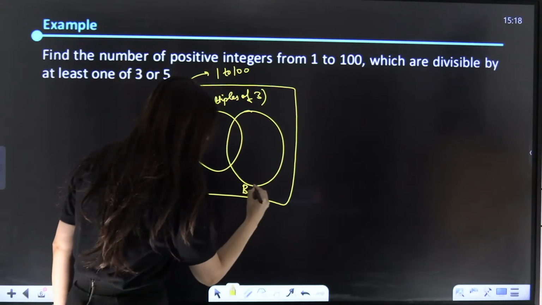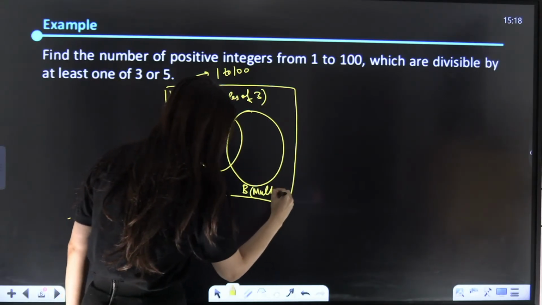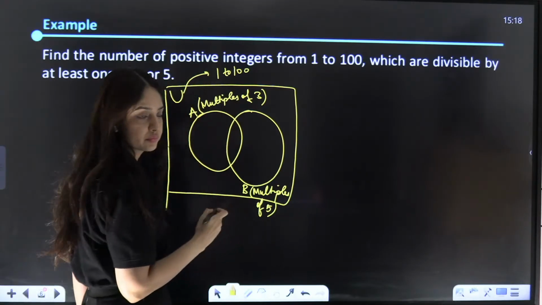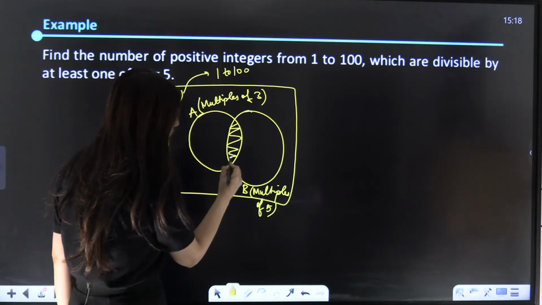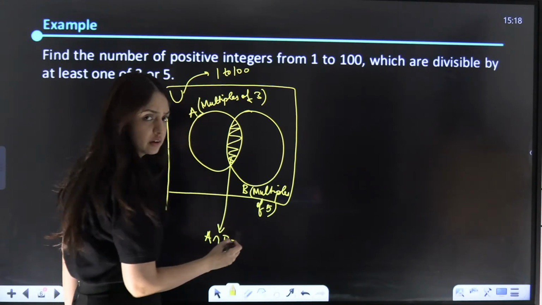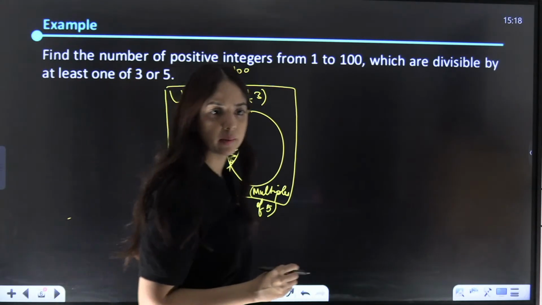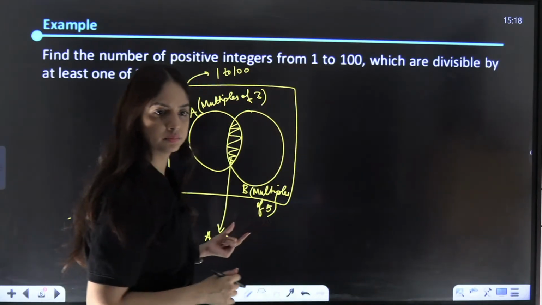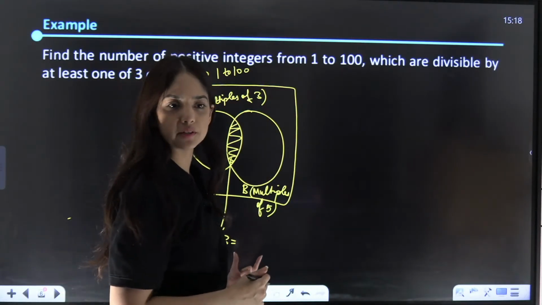B is multiples of 5. What is this common area? This A intersection B, what does this represent?